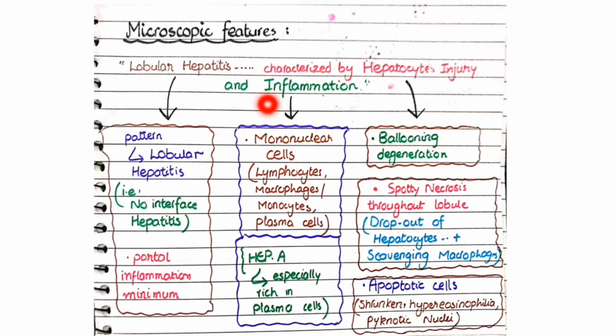Thirdly, the inflammation is characterized by infiltration of mononuclear cells that are lymphocytes, macrophages or plasma cells. But in hepatitis A, the special predominance is of plasma cells. So these are the morphological features of acute viral hepatitis.